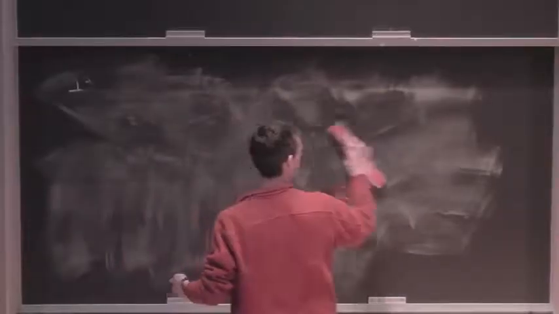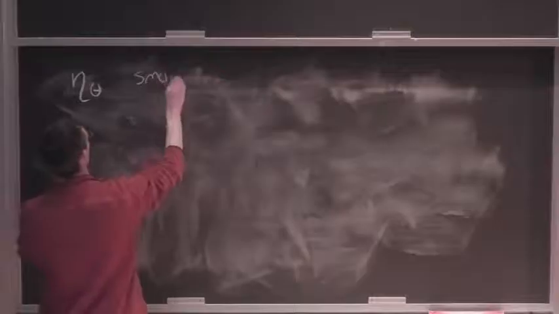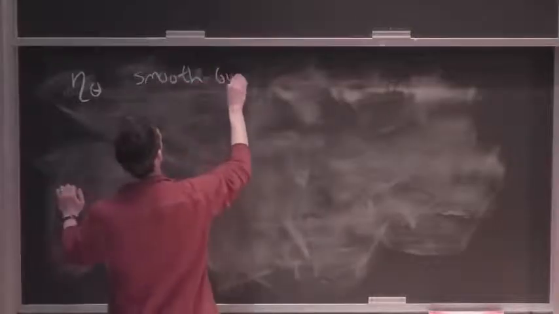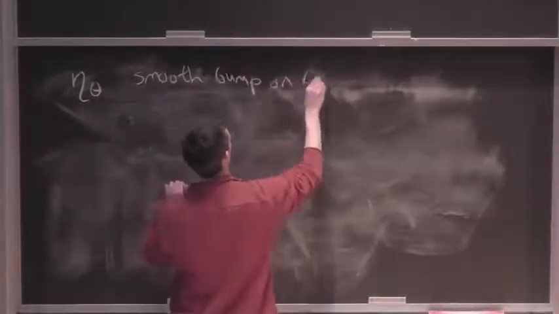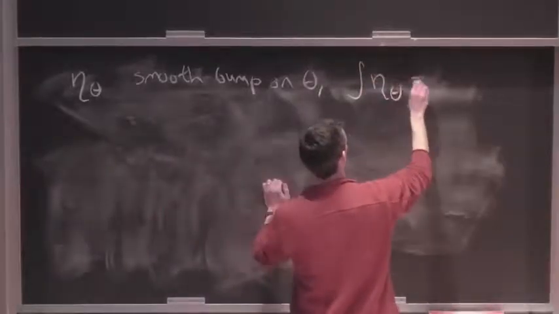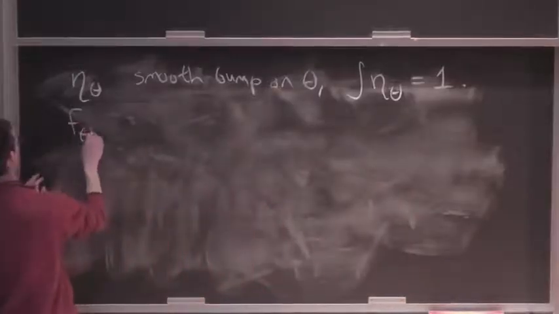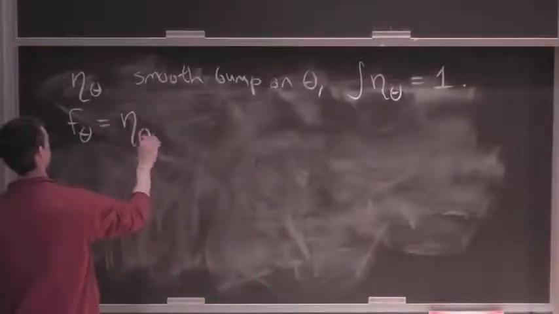OK. So let me do the following thing. Let me take a smooth bump. So eta theta is a smooth bump supported on theta. And I'm going to normalize it so that its integral is 1. And then f theta could be the inverse Fourier transform of this thing.